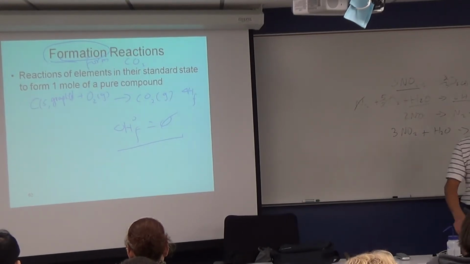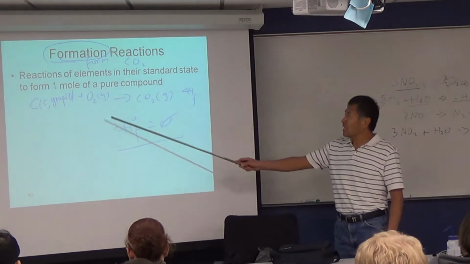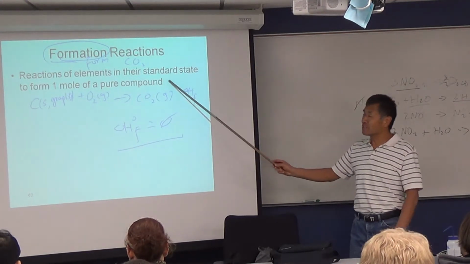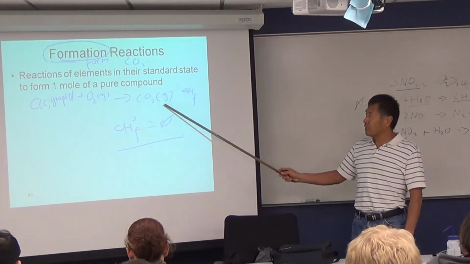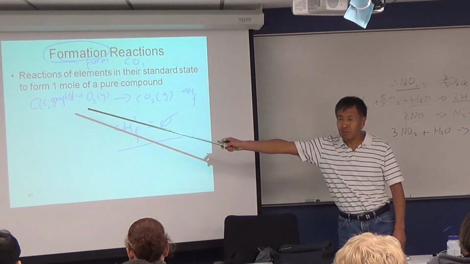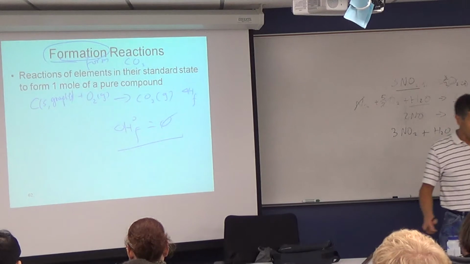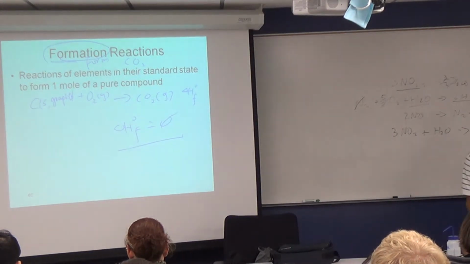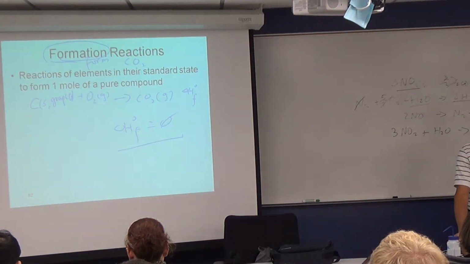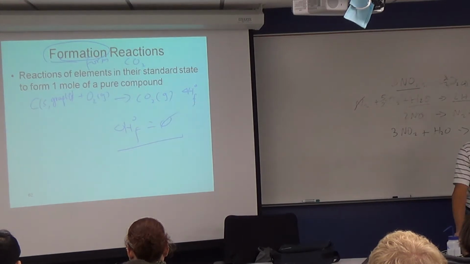If I tell you this reaction is happening under standard state, so here a gas, and there a pure solid and gas, then you use that special notation, the superscript zero. So then you also bother a little bit, you add a little more detail. You want to say this delta H for what? So I will write down here delta H0F.